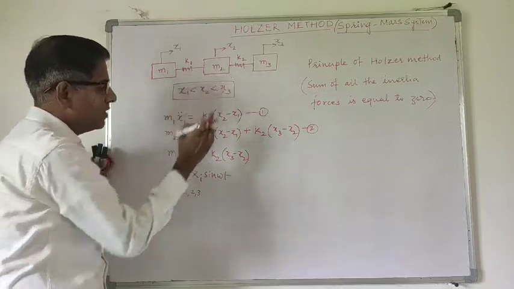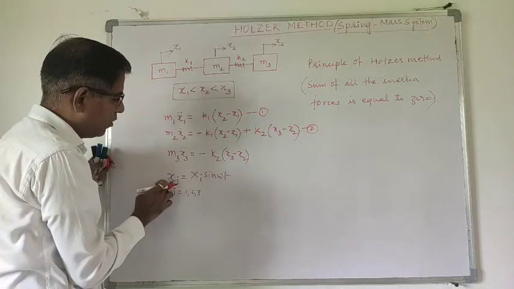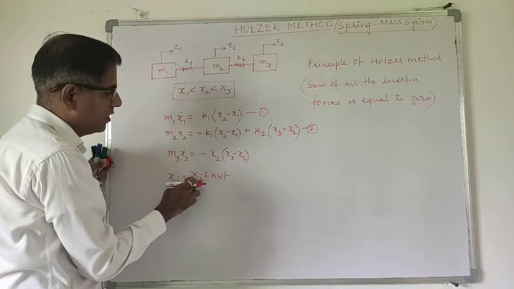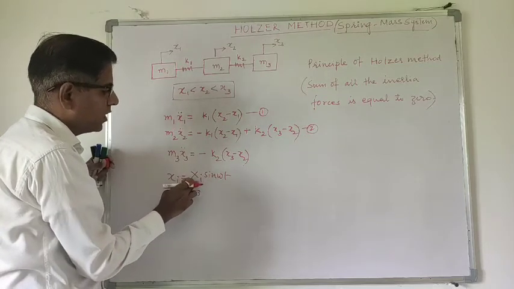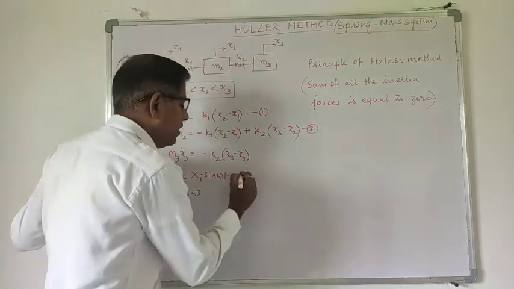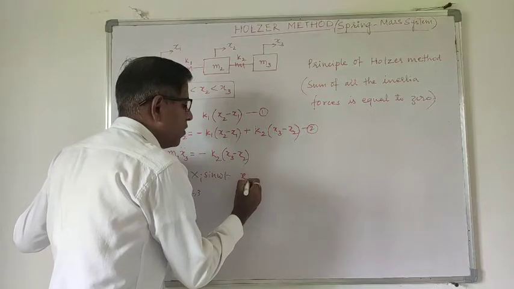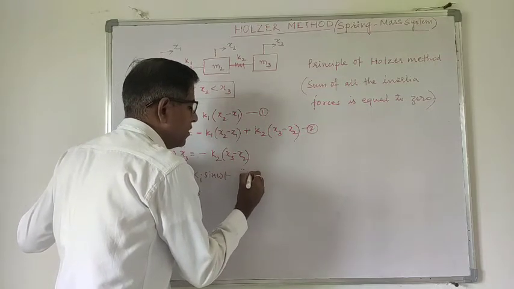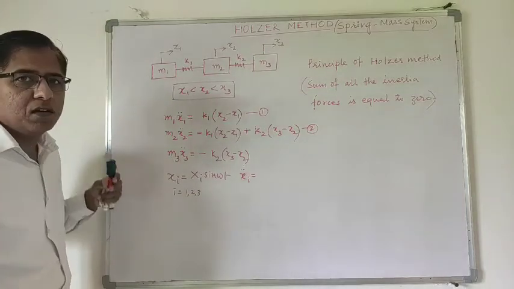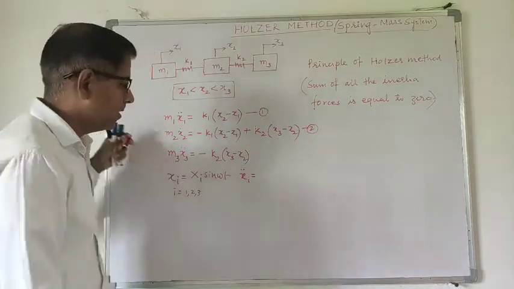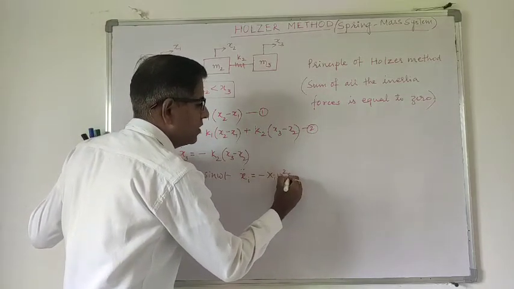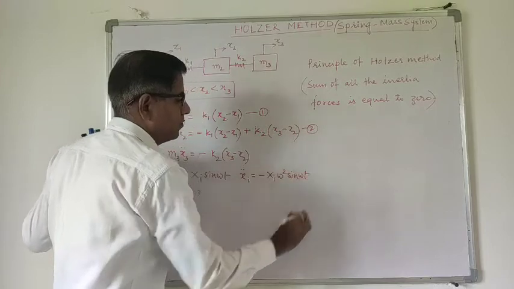Here there are 3 masses, so the value of i will be 1, 2, 3. That means x1 is equal to X1 sine omega t, x2 is equal to X2 sine omega t, and x3 is equal to X3 sine omega t. Similarly, the acceleration xi double dot, if you differentiate this expression 2 times with respect to t, is minus Xi omega square sine omega t.